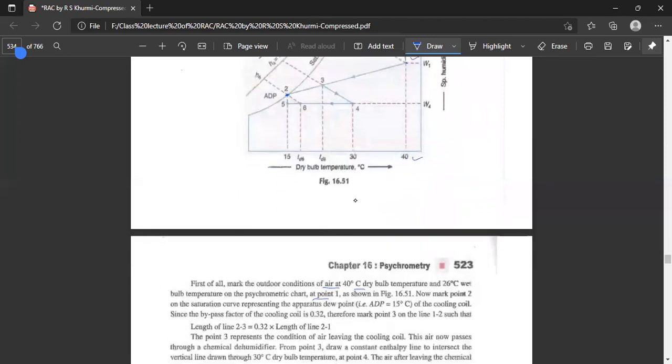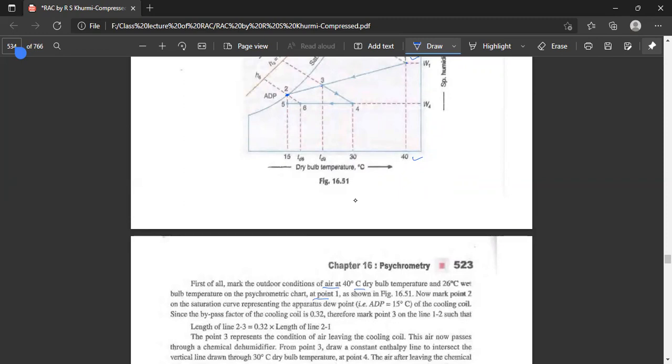Next, since the bypass factor of the cooling coil is 0.32, we mark point 3 on the line 1-2 so that the length of the line 2-3 is equal to 0.32 times the length of the line 2-1. So line 2-3 should be around 32% of line 2-1.